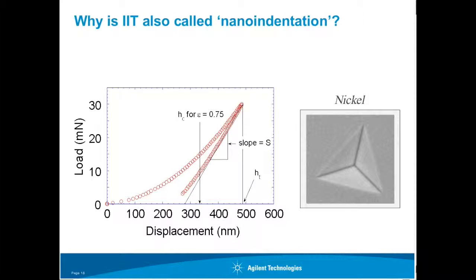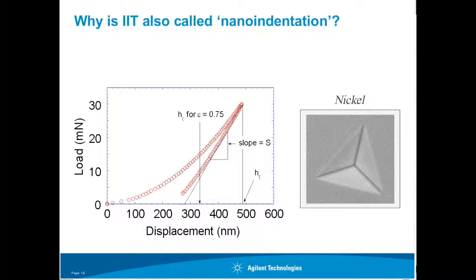I've already alluded to the answer to this second question. Why is instrumented indentation testing also called nanoindentation? The reason is that the fact that we can get contact area from the force displacement data facilitates very small scale testing.